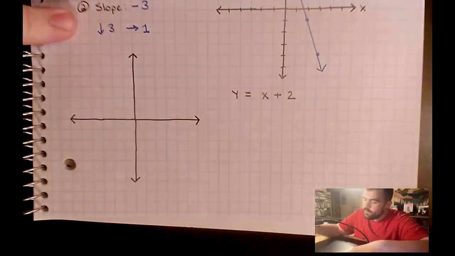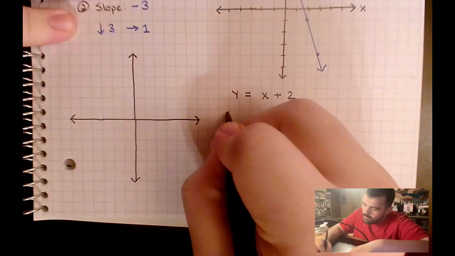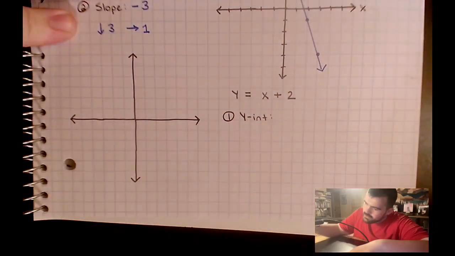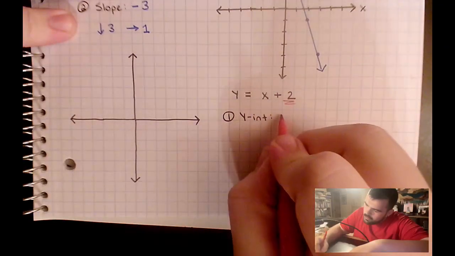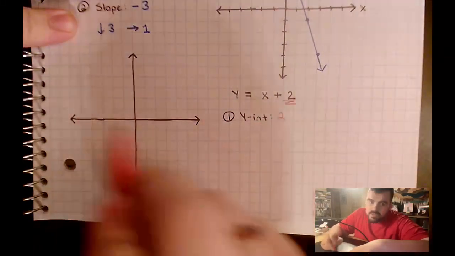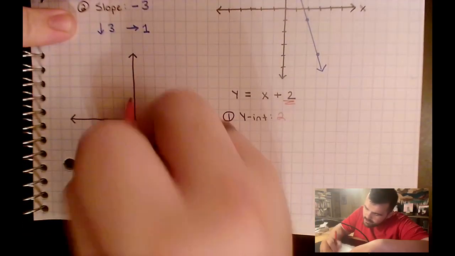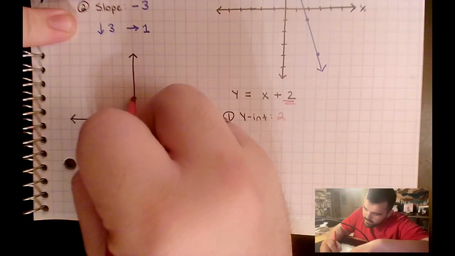Okay, so first off, the y-intercept is 2. So on this graph that I've not labeled or put any tick marks on, because I'm on my graph paper, I can go ahead and just call this 2.